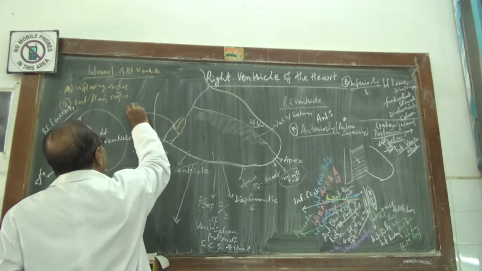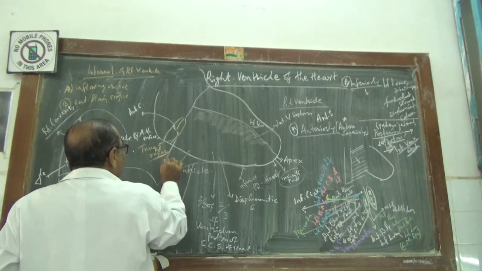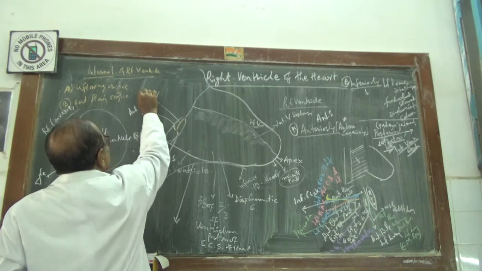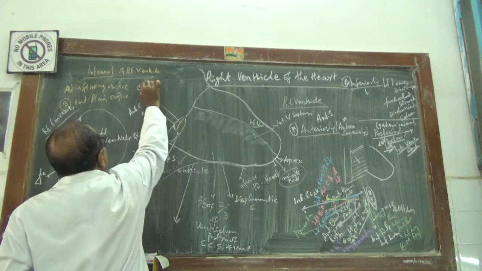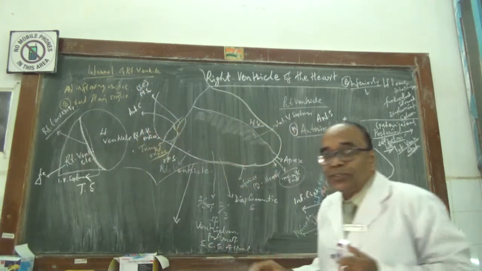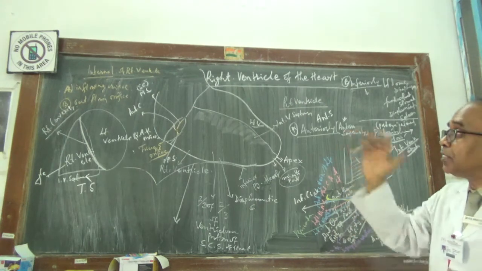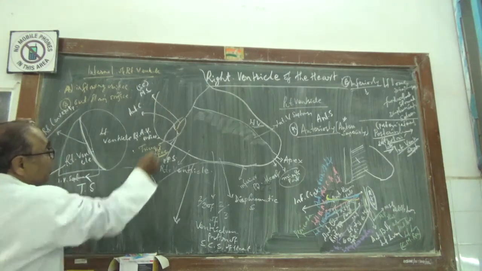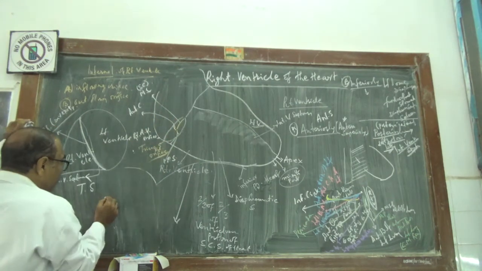One is the anterior cusp, another is the posterior cusp, and the medial cusp, which is also called the septal cusp. Because of their arrangement, the names have been given. Now this tricuspid orifice, or right atrioventricular orifice, has got cusps.